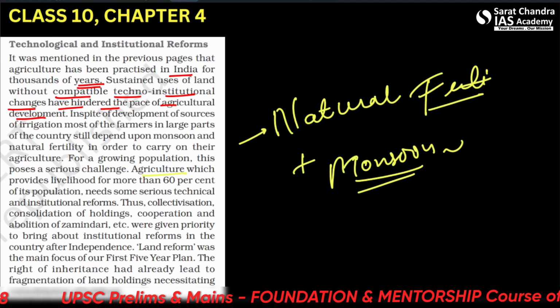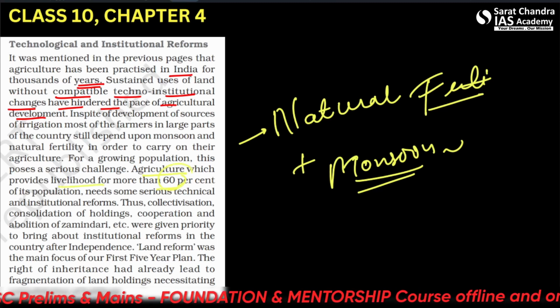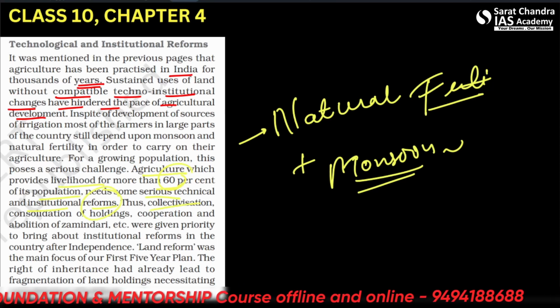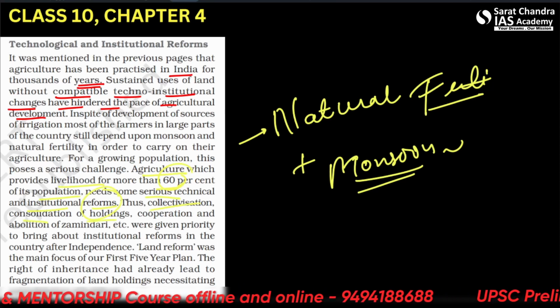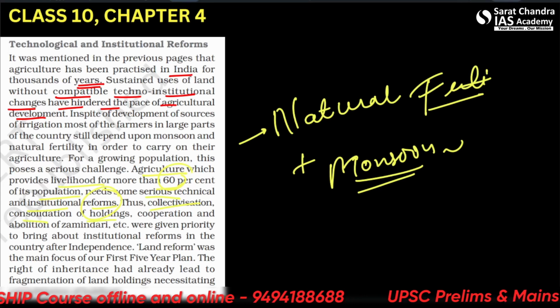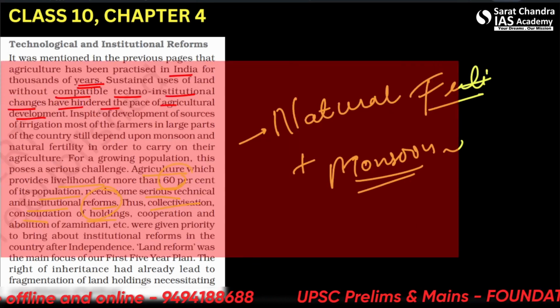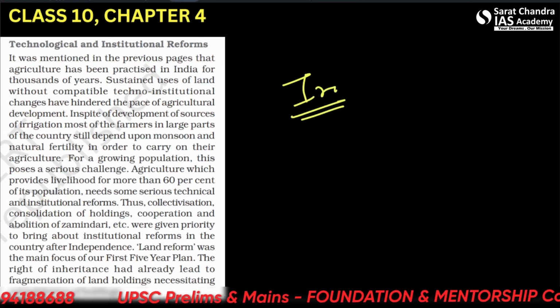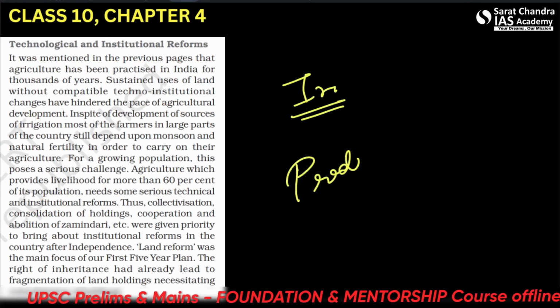Agriculture, which provides livelihood for more than 60% of the population, needs some serious technical and institutional reforms. Thus collectivization, consolidation of holdings, etc. So this NCERT is basically telling us that despite having more arable area and more irrigation, we lack in the productivity sector.